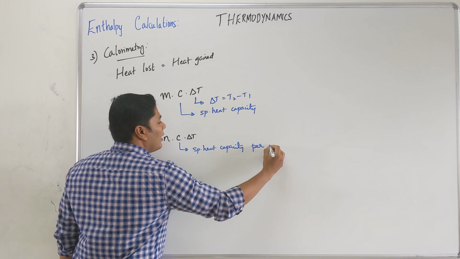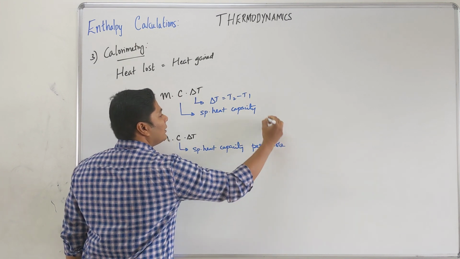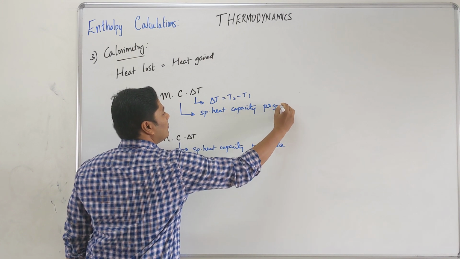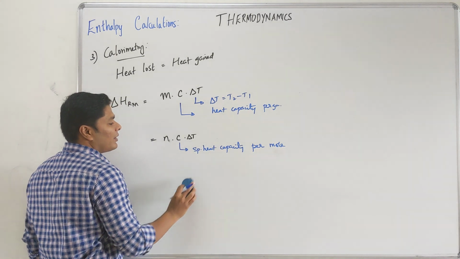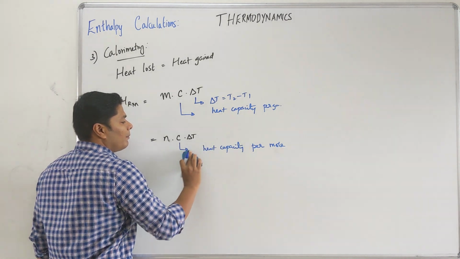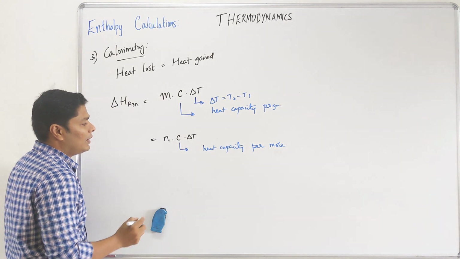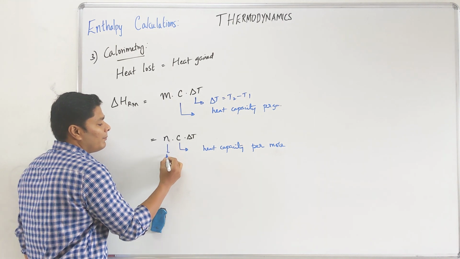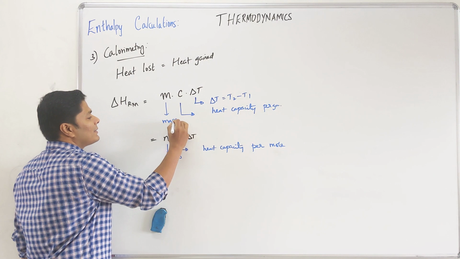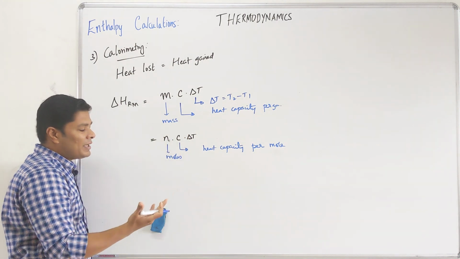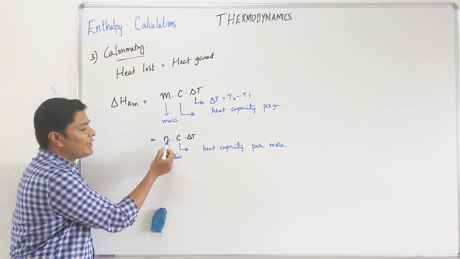This is per mole, this is per gram, that's all. I can take the word specific off if you want, because I am saying per right here. This is moles, this is mass, that's all. Both are extremely similar, except the units change accordingly.